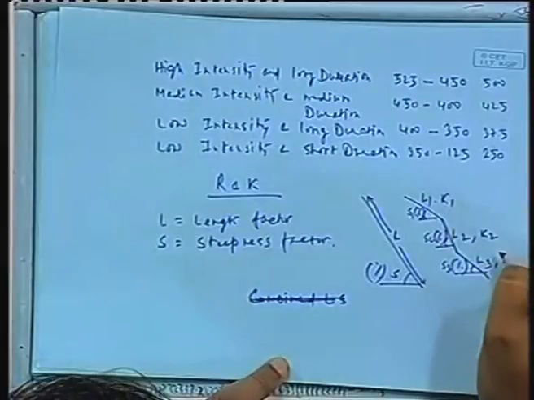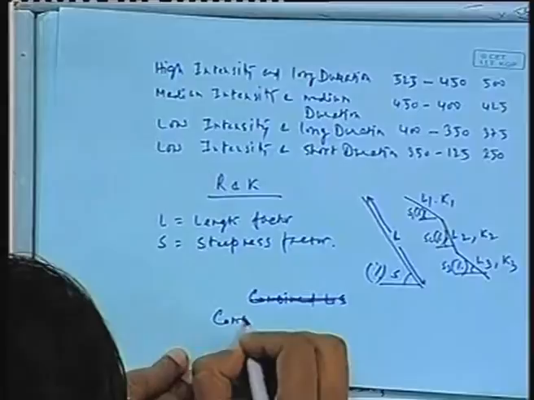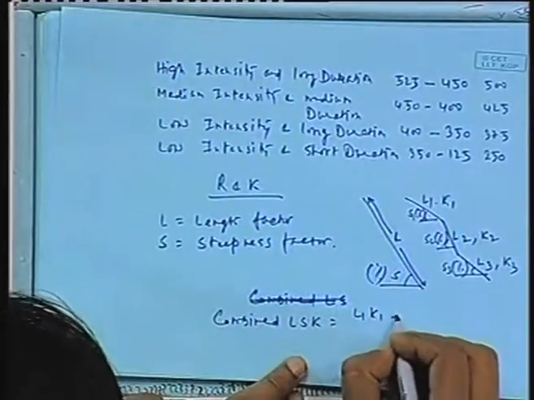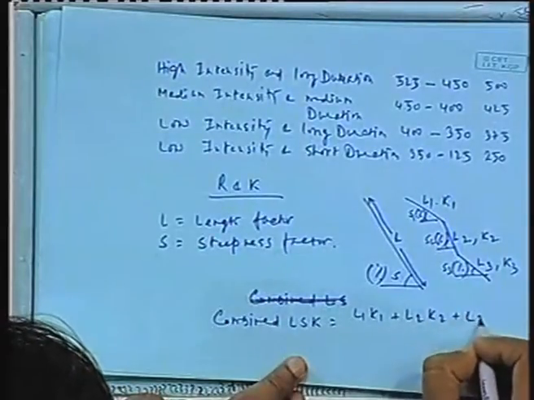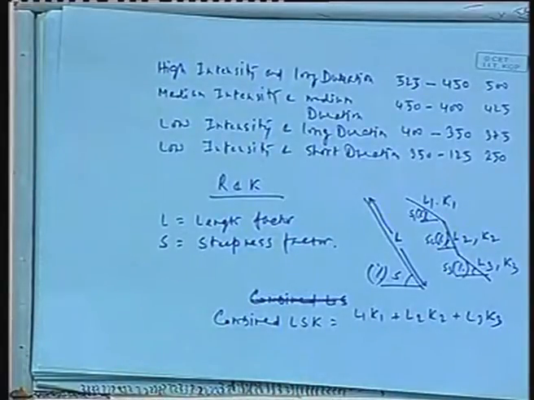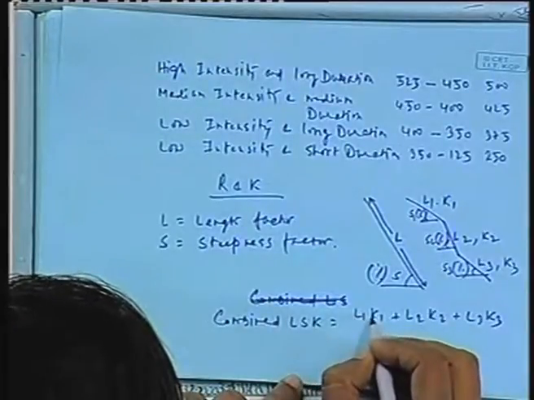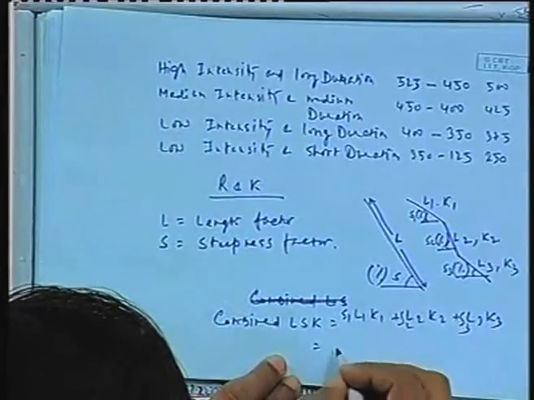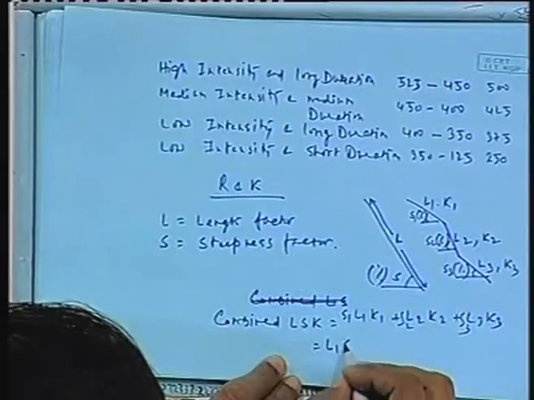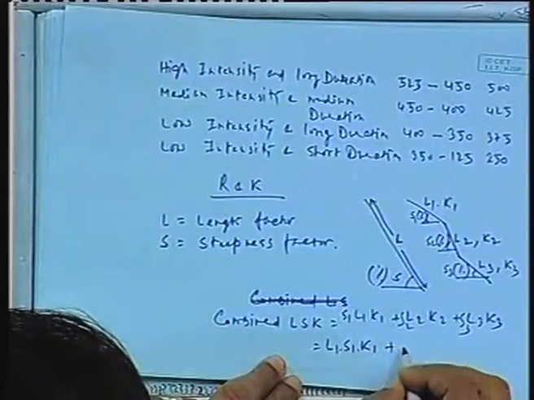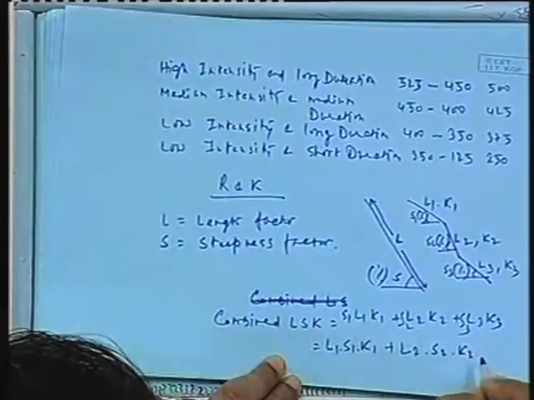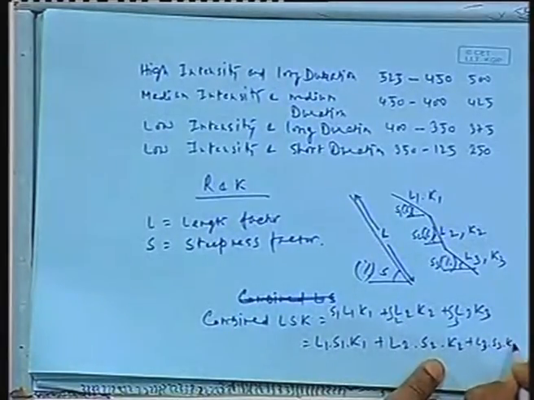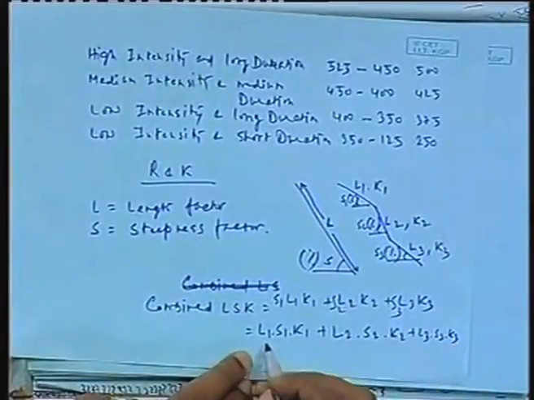If these are variable, we can find the combined LSK as L1 S1 K1 plus L2 S2 K2 plus L3 S3 K3. This is the combined LSK.